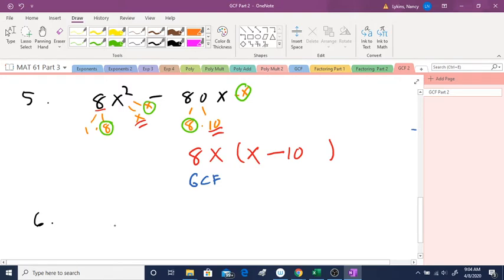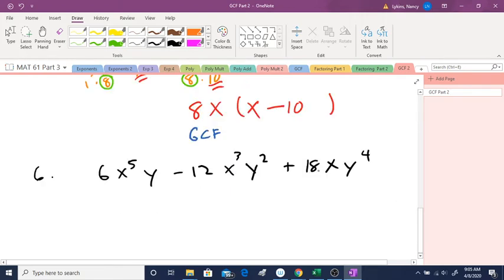What about if I'm going to throw a little bit more into this? Let's say I have 6x5y minus 12x3y squared plus 18xy to the fourth. Now, to make this a little bit easier, I'm going to look at finding the greatest common factor and the factor itself.